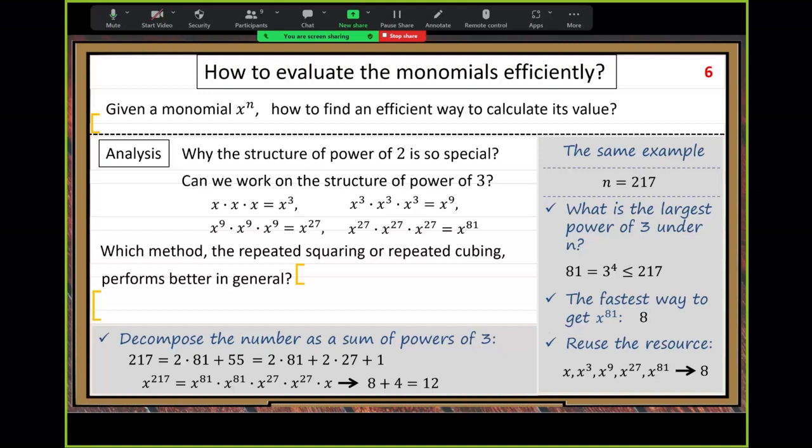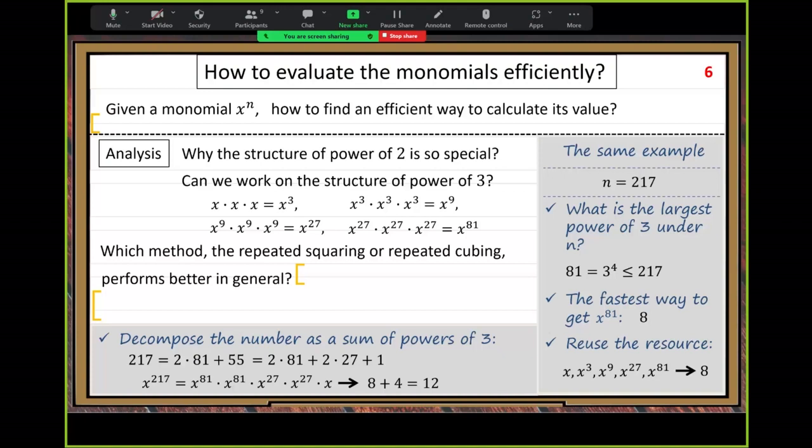Because for some special n numbers, repeated squaring is better, but for some other n numbers, repeated cubing would be better. Let me give you the idea. If the targeting number n is closer to a power of 2, then repeated squaring is better.